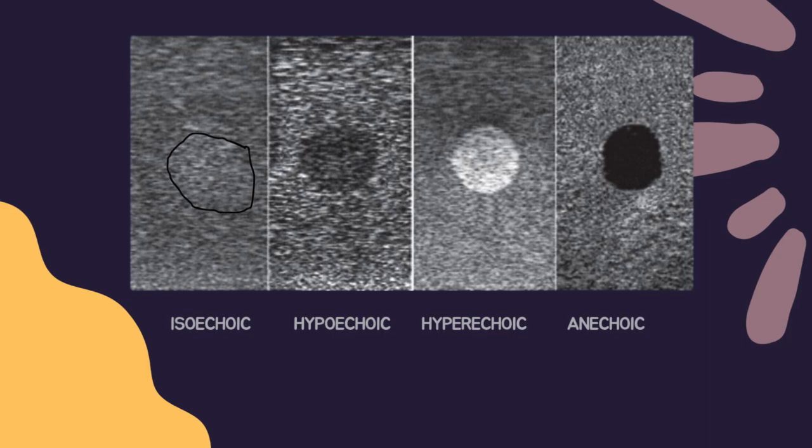This is followed by a hyperechoic area, which has a brighter tint of gray compared to the surrounding tissue, in fact, almost appearing white. And lastly is an anechoic area, which appears completely black as a result of no echoes received at all.